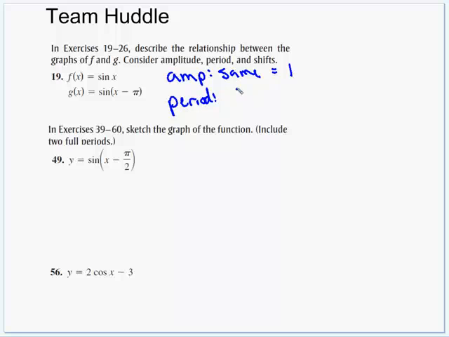The period is 2 pi divided by the number in front of the x variable. Here we have a 1x, and in the function g of x we also have a 1x. So the period for both functions is 2 pi divided by 1, or 2 pi. It's the same for f of x and g of x.